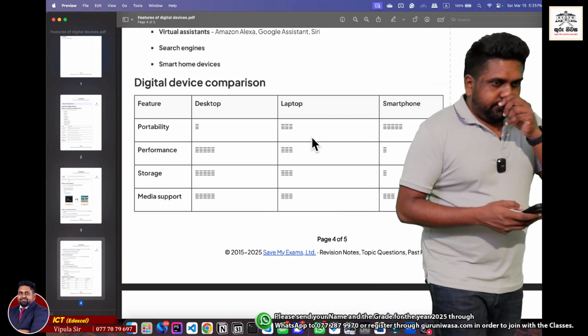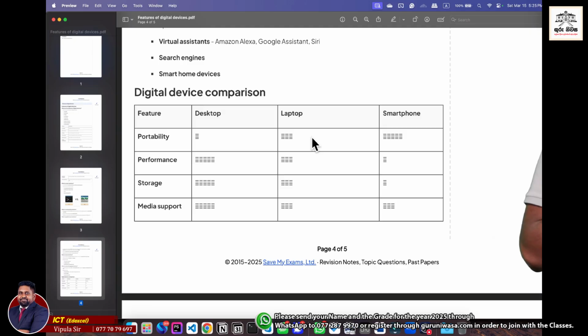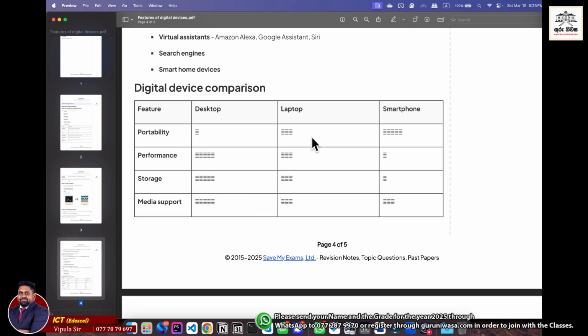Then we jump into a small comparison. This comparison is just something like what we discussed so far, but I'll quickly go through it anyway. You do get this type of question.